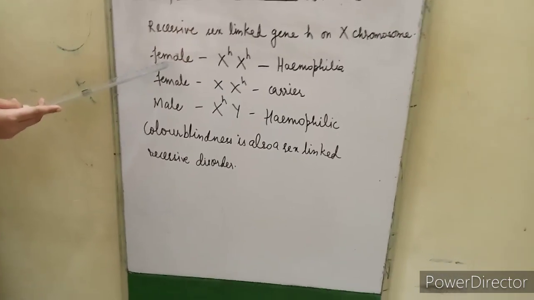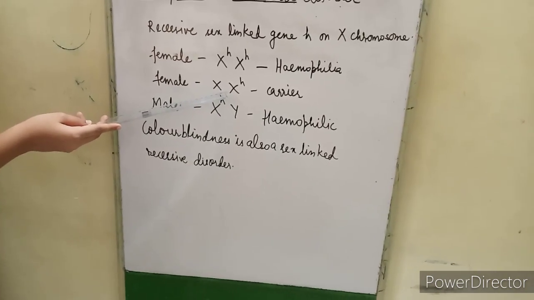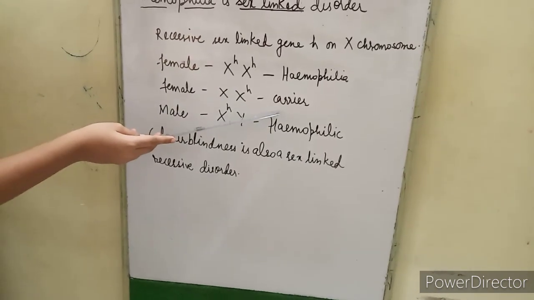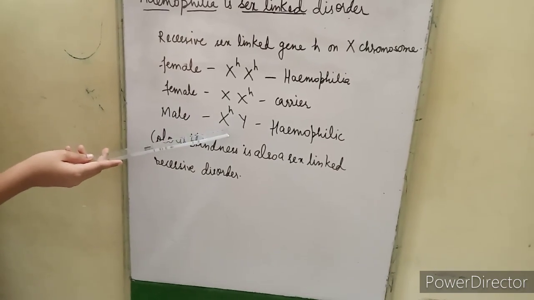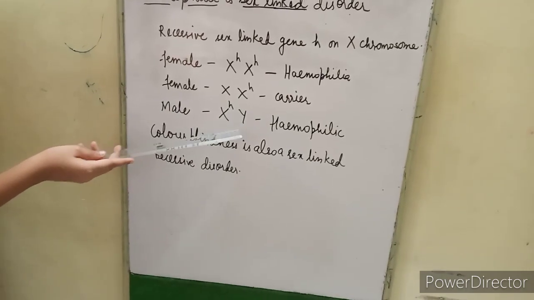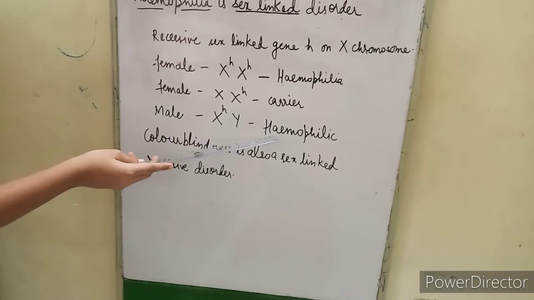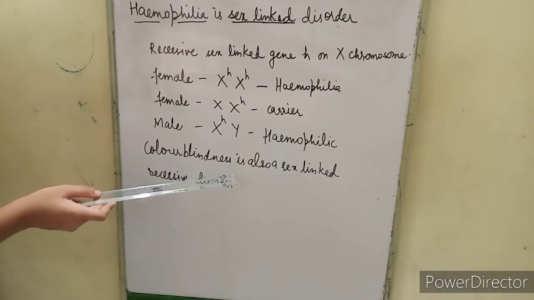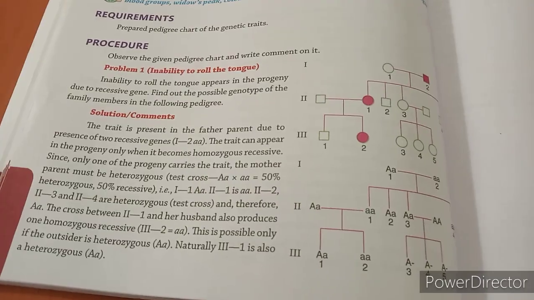The female who has one normal X chromosome and the other X with the H becomes a carrier. For a male, as we know, males have only one X chromosome, so if it is present on the X chromosome, then all the males carrying this will be hemophilic. The same is the condition for color blindness, which is also a sex-linked recessive disorder.